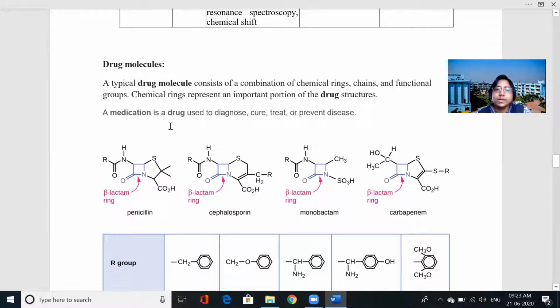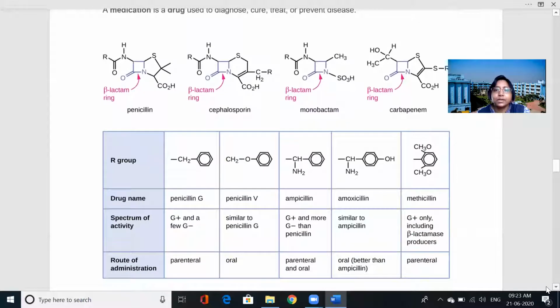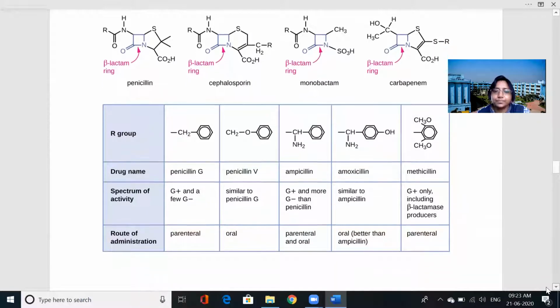A medication is a drug used to diagnose, cure, treat, and prevent disease. Here you can see the different structures of the different drug molecules. The drug names, groups, spectrum of activity, and route of administration are all given here.